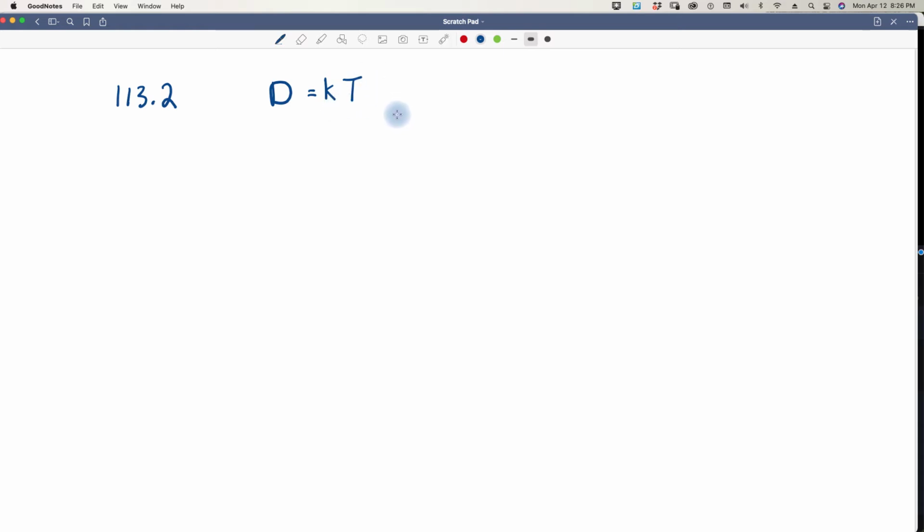Now it gives us some information so we can figure out what our rate, our constant K, is. If a car goes 75 kilometers, that's a distance, so we can put 75 here, in 5 hours, how far will it go in 7 hours?